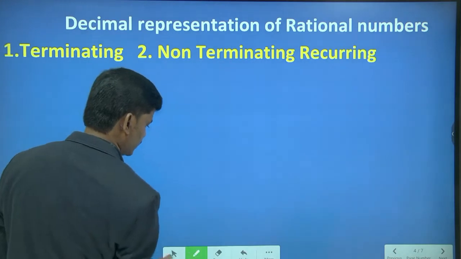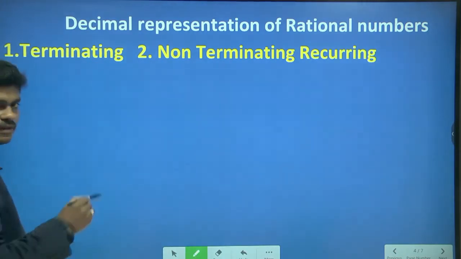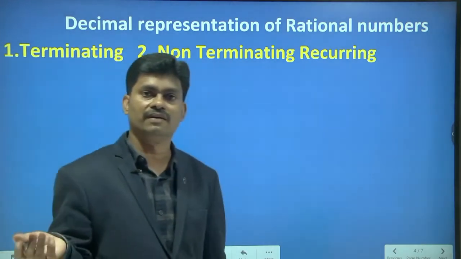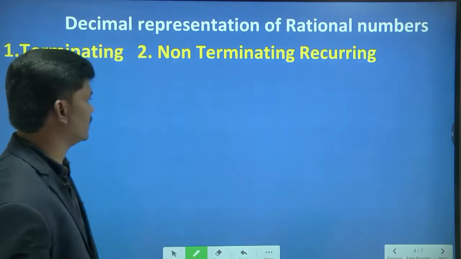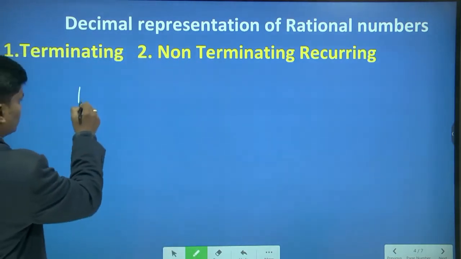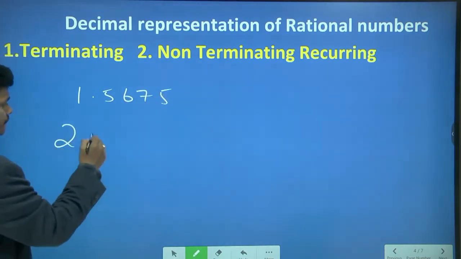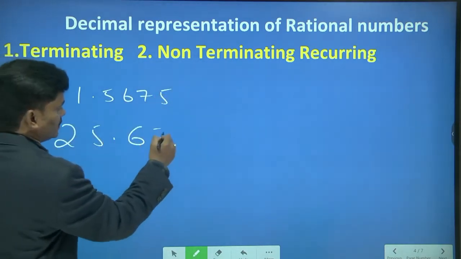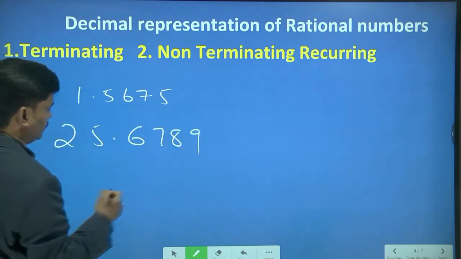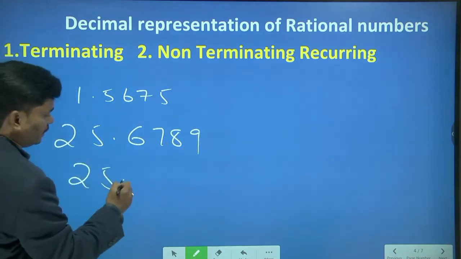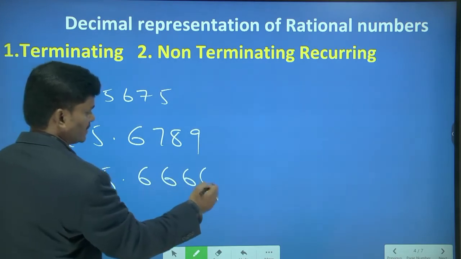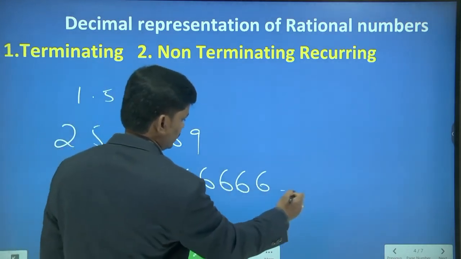So let us be clear about it. I will write some decimal forms, what we have seen in our earlier classes or according to our previous knowledge. I will write some decimals here: 1.5675, 25.6789, and 25.666666 and so on.